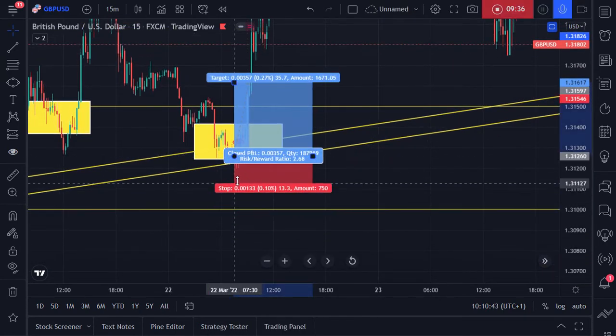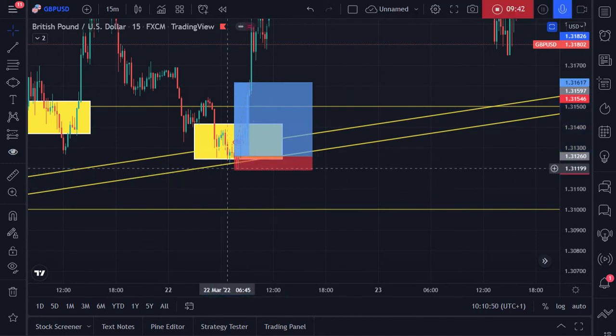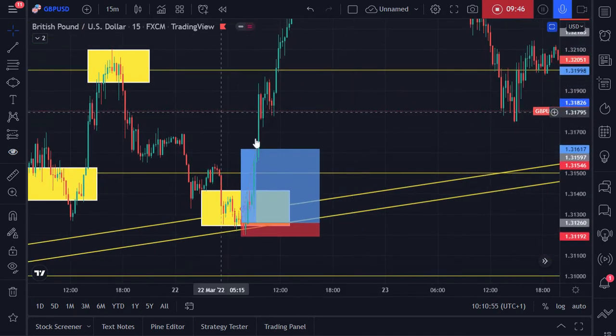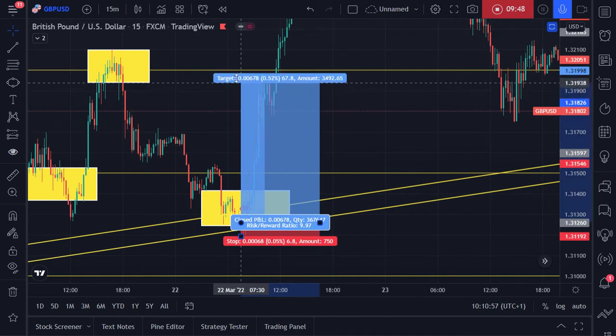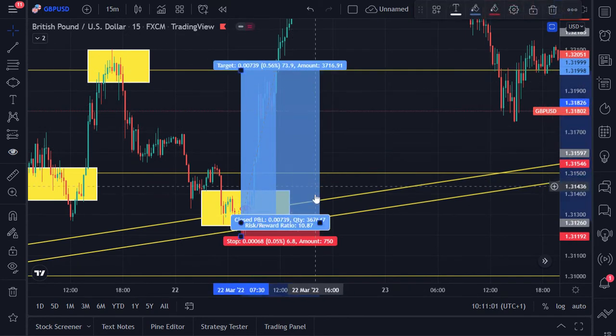If we had placed our stop loss so close to the bottoms, we would have been taken out. But 7 pips would have been great, and we'd still be in the trade. You see how price appreciated further to even the next psychological price level, making this a very great risk reward ratio of about 10.87.